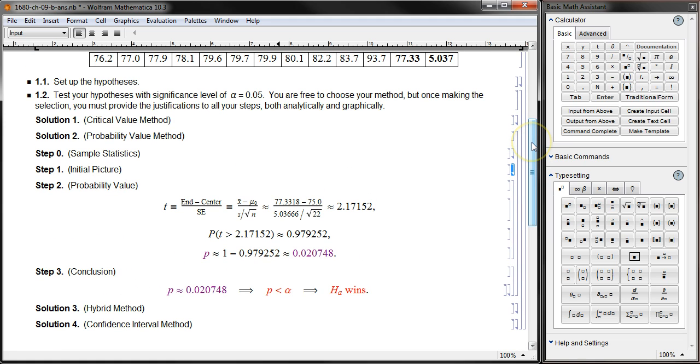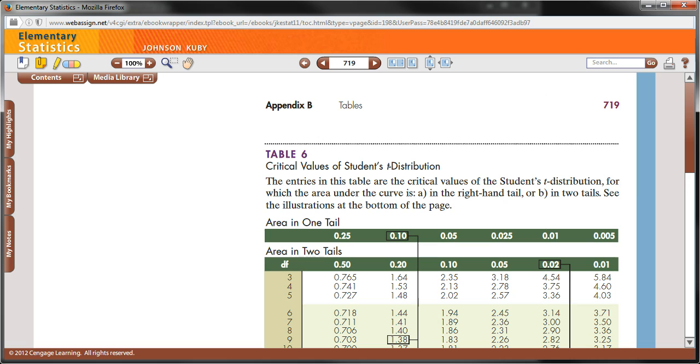Now, what if you do not have any technology aid? How do you get this p-value out of this t-score or t-bar? This is how you do it. This is our textbook's t-table at Appendix B, page 719.